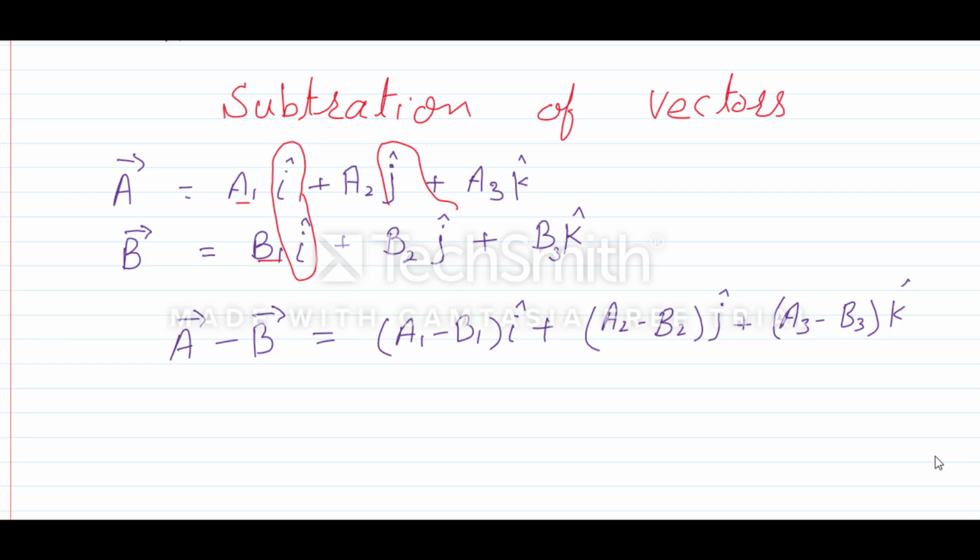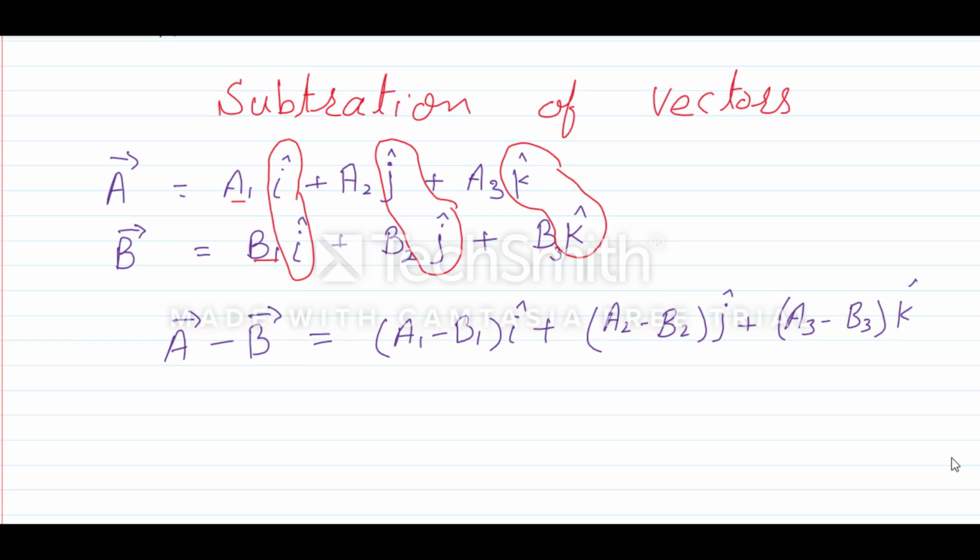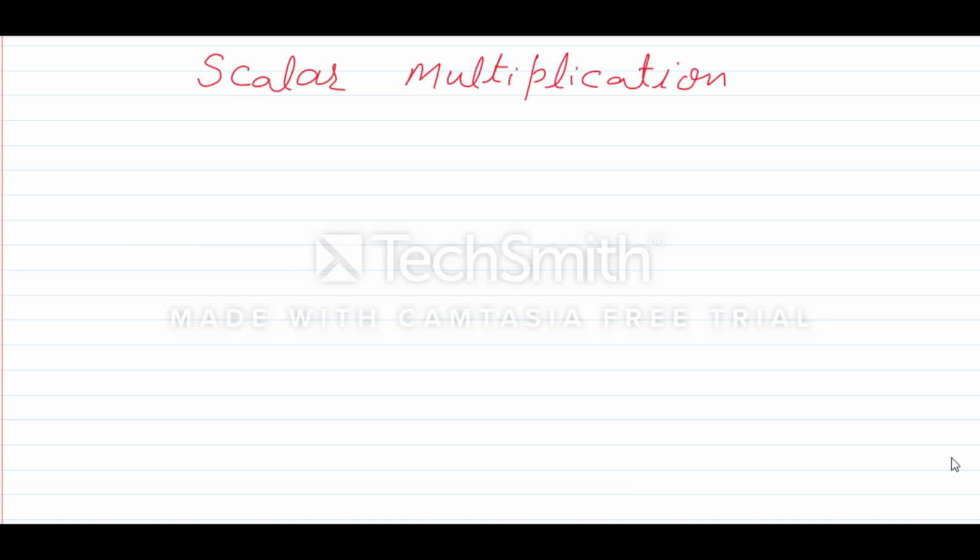Similarly, we have subtracted b2 from a2 and j is common. And finally we have subtracted b3 from a3 and k is common.